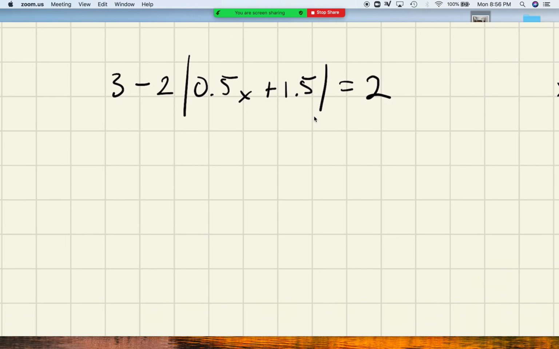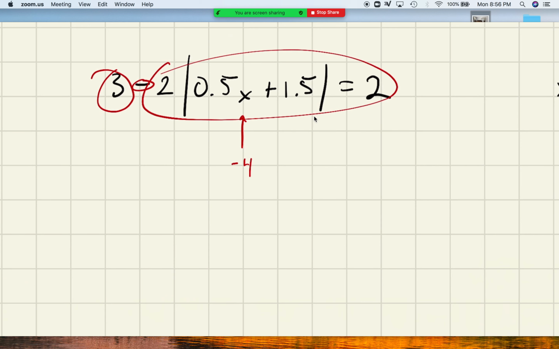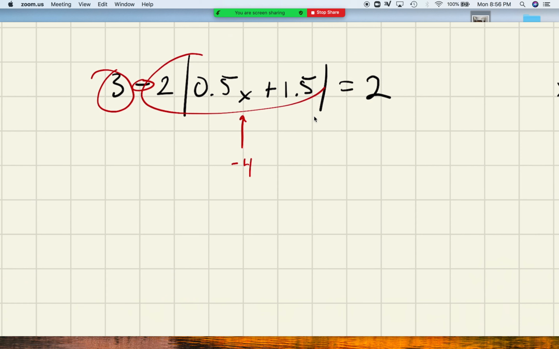So here we plug in like negative 4. The order in which it's written, so it's like 3 minus all this stuff. So when we plug it in, this is how I keep track of it. Plug in the negative 4 for the x.